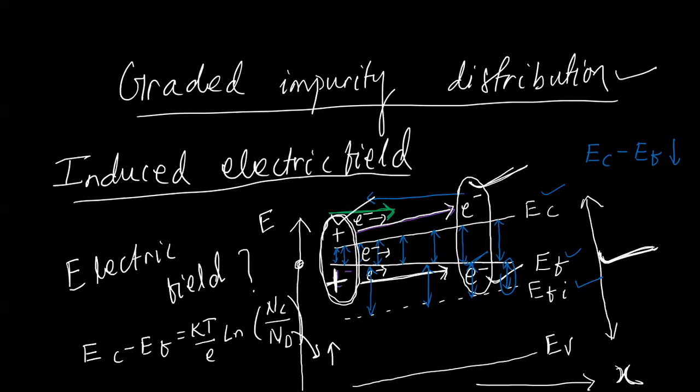So now if I write the corresponding potential for this change, phi is the potential I'm writing, which can be written as the shift of the Fermi energy level with respect to the intrinsic Fermi energy level divided by e. This is simple. W is equal to QV, we know, right? So you just divide by the electronic charge.